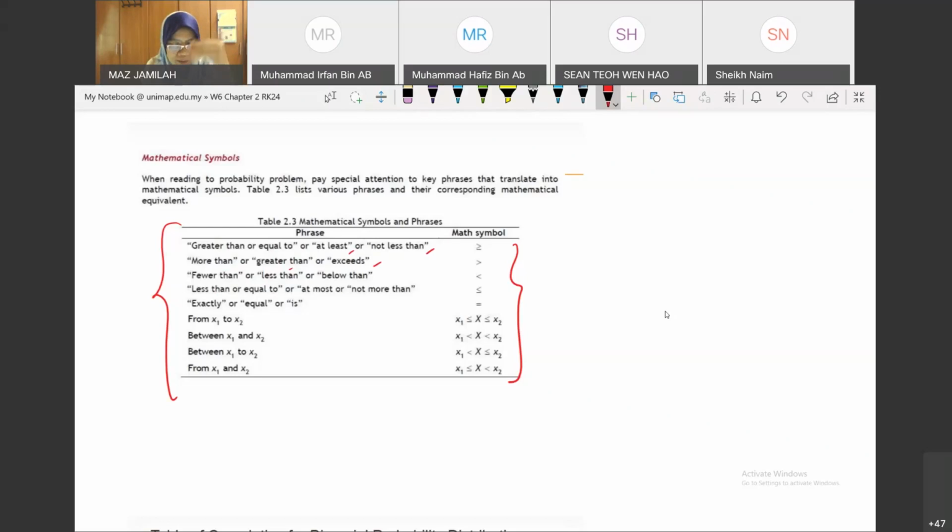So let us look at the common terms that will be used in your questions.